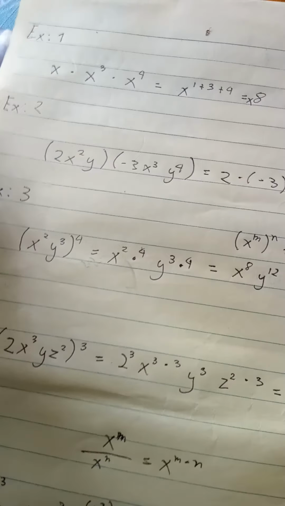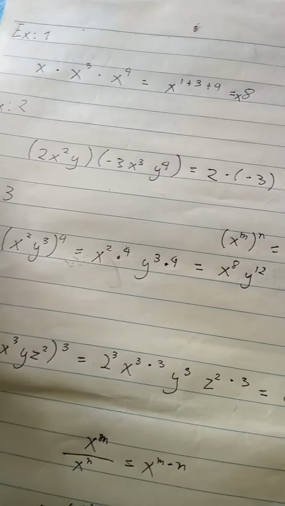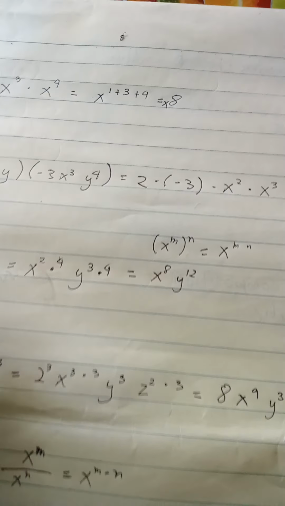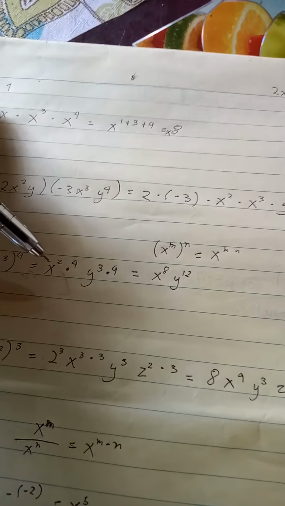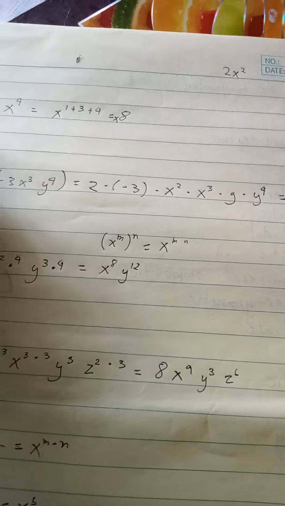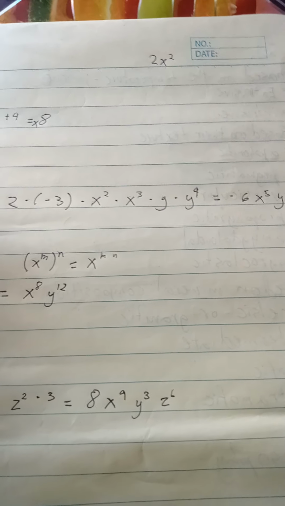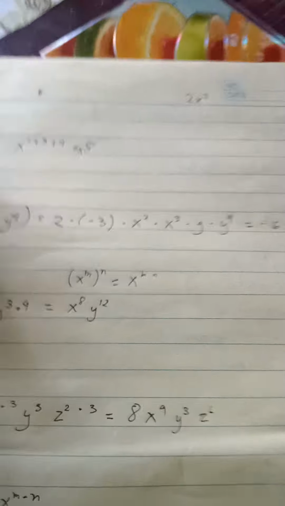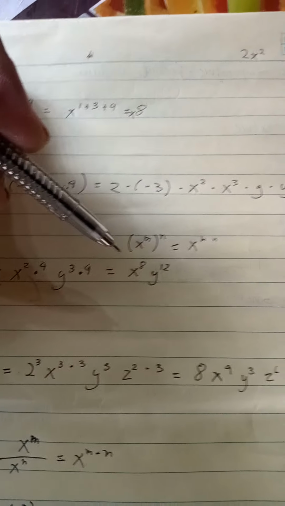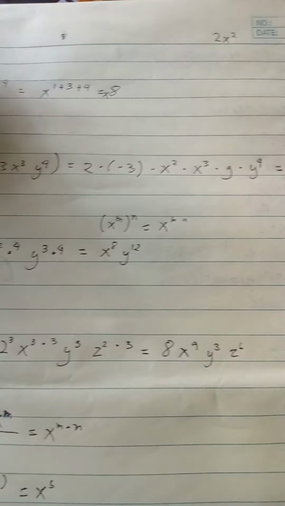x squared y to the power of 3, all to the power of 4, equals x squared to the power of 4 times y to the power of 3 to the power of 4, which equals x to the power of 8 and y to the power of 12.